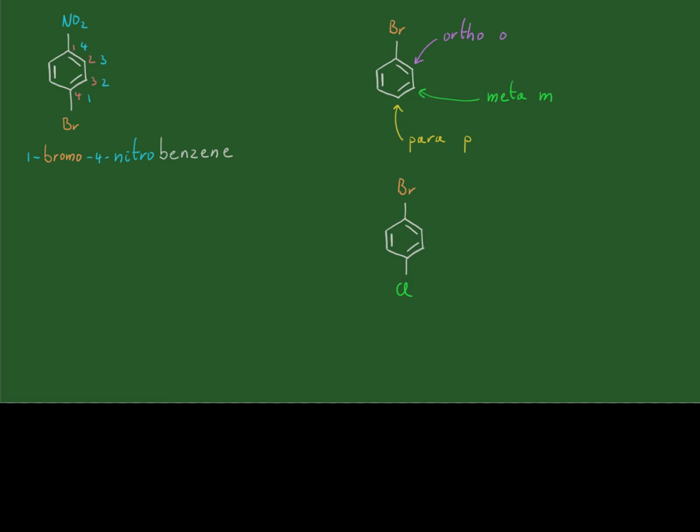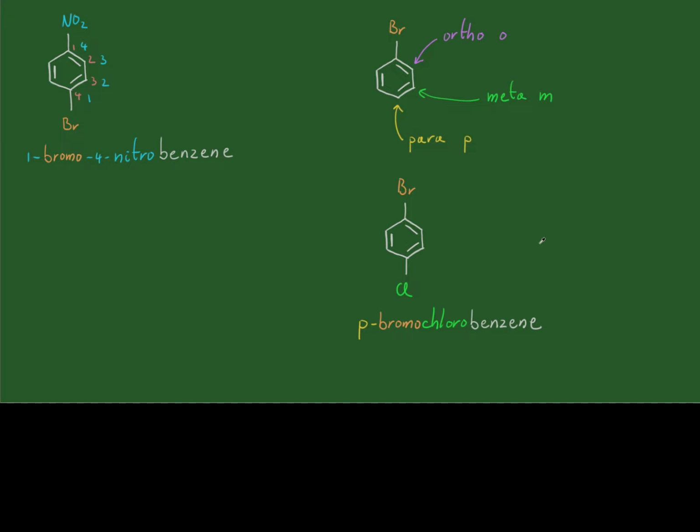So the name of this compound could also be p-bromochlorobenzene. Once again, the letter P indicates that the bromo and chloro group are para to each other, or counter to each other, or on the opposite sides.